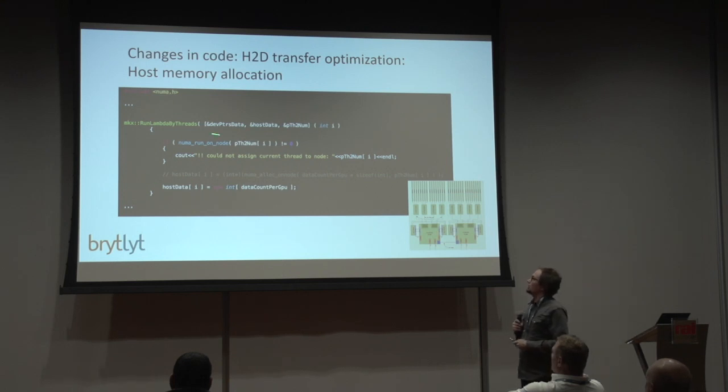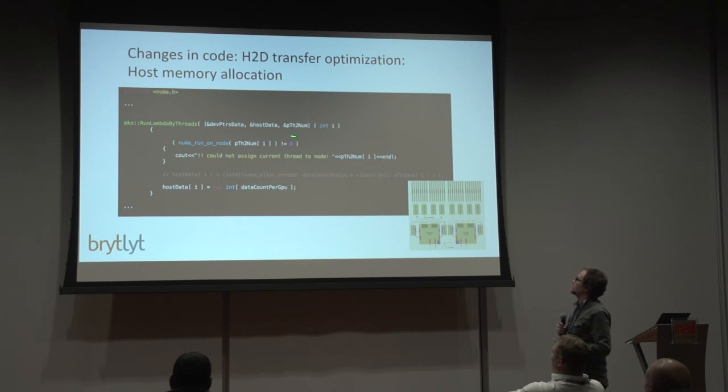To do allocation, we first need to allocate memory on the host. To do that, we use numa_run_on_node and standard default allocation of memory with the new operator.